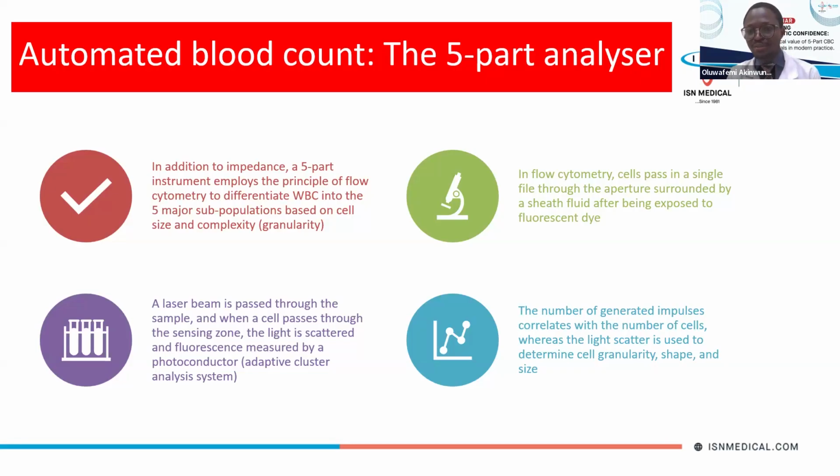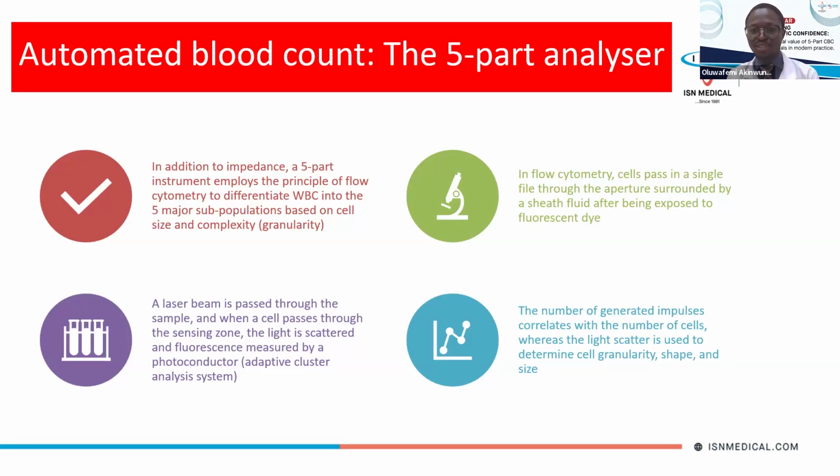So in flow cytometry principles used in a 5-part analyzer, cells pass in a single file through the aperture surrounded by sheath fluid. Everybody will now remember their sheath fluid, apart from the diluent, the differential reagents, and the cleanser. The sheath fluid helps to maintain the cells in a single file as they pass through the aperture.